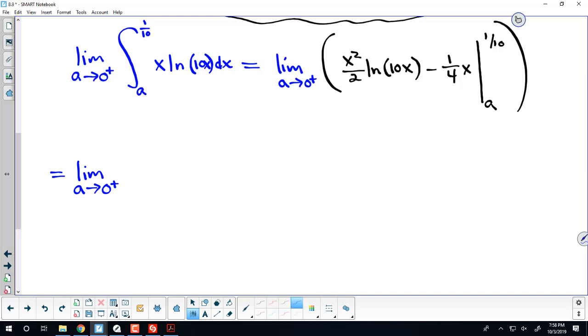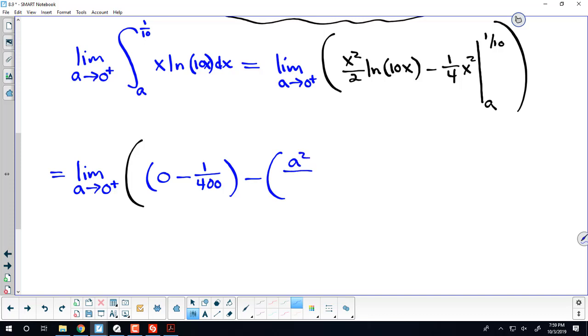So we have 1 over 10 squared divided by 2 times the natural log of 1, which is 0, minus 1/4 x squared. 1/10 into x squared is 1/100 times negative 1/4, which is negative 1/400, minus the function evaluated at a.